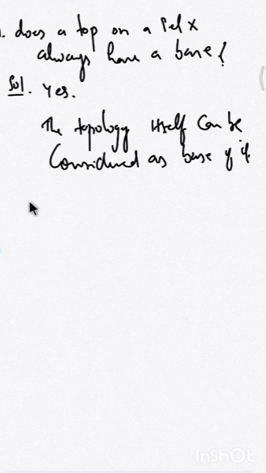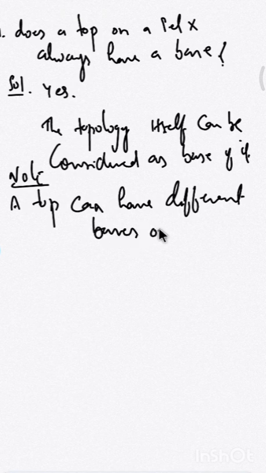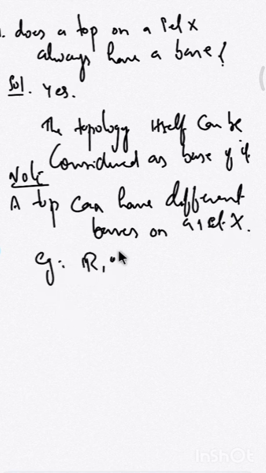Okay, the next question is: can a topology on a set have distinct bases? Of course, a topology can have different, distinct bases on a set X. For example, consider the real line with the usual topology.